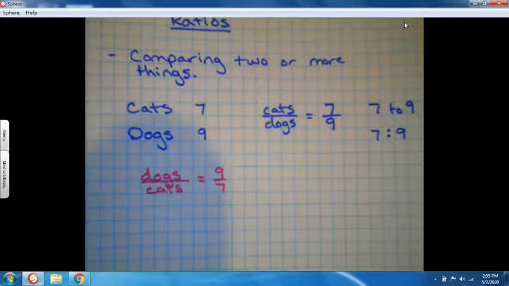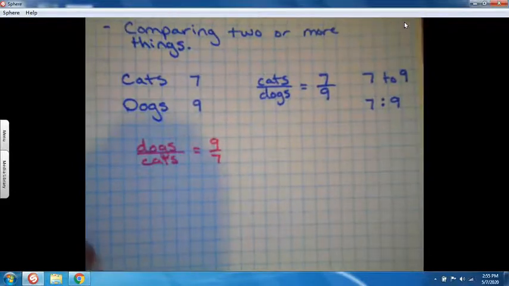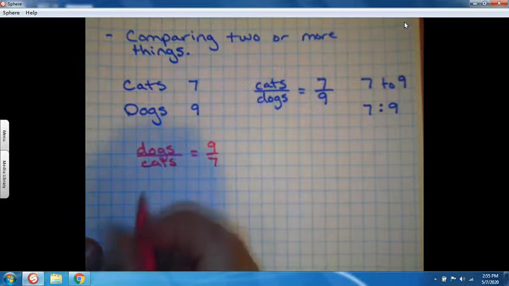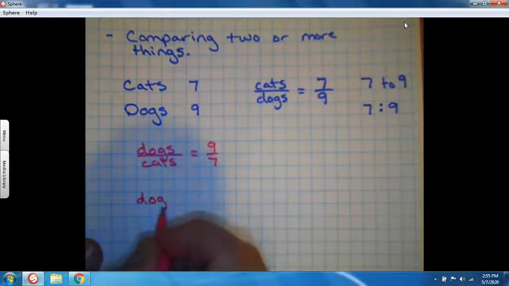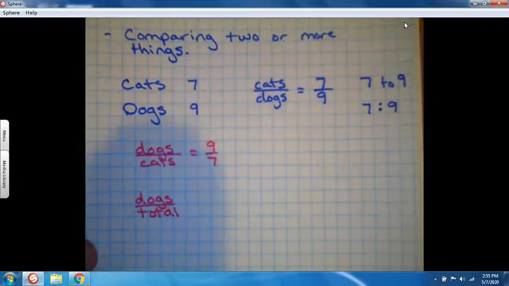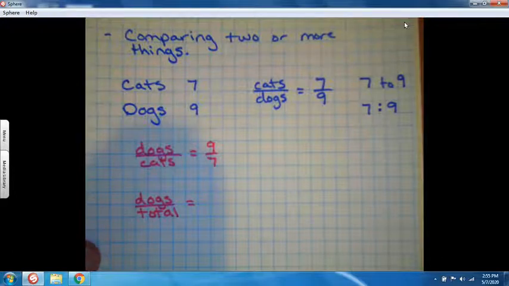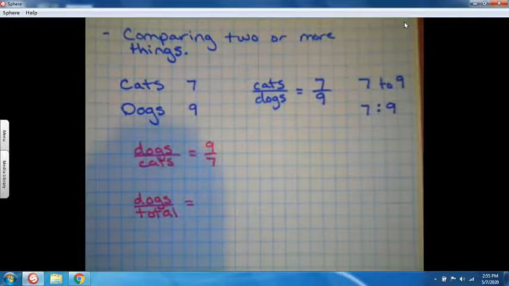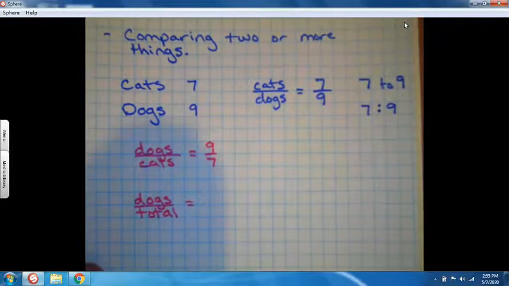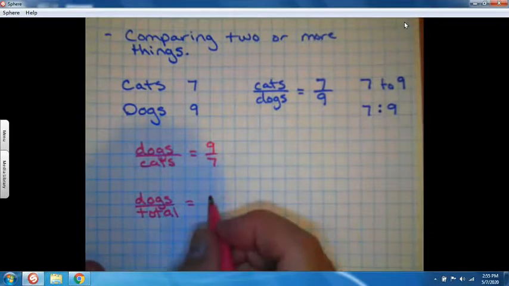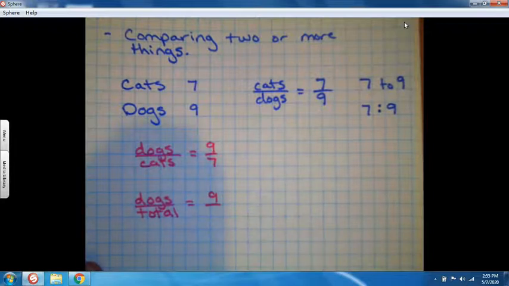Okay? How about this one? How about dogs to total animals? How many dogs do we have? 9. That goes on the top. And how many total animals do you have?